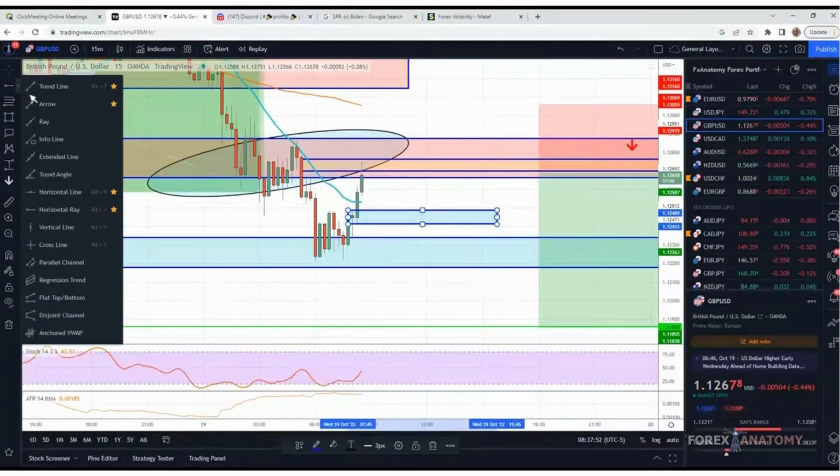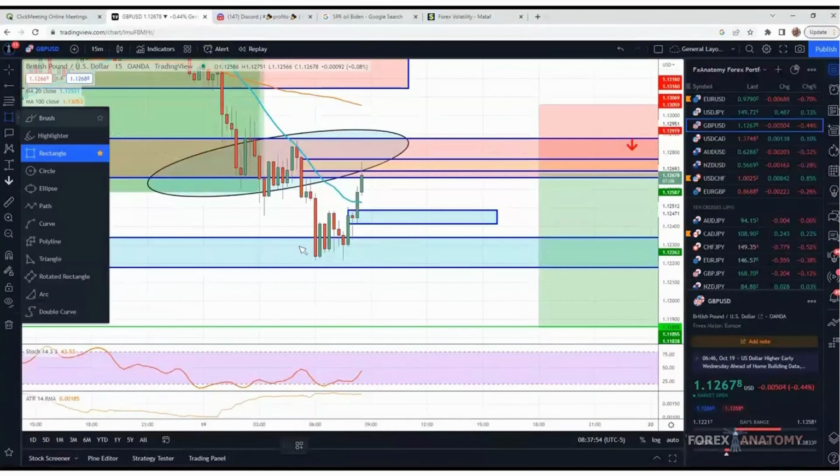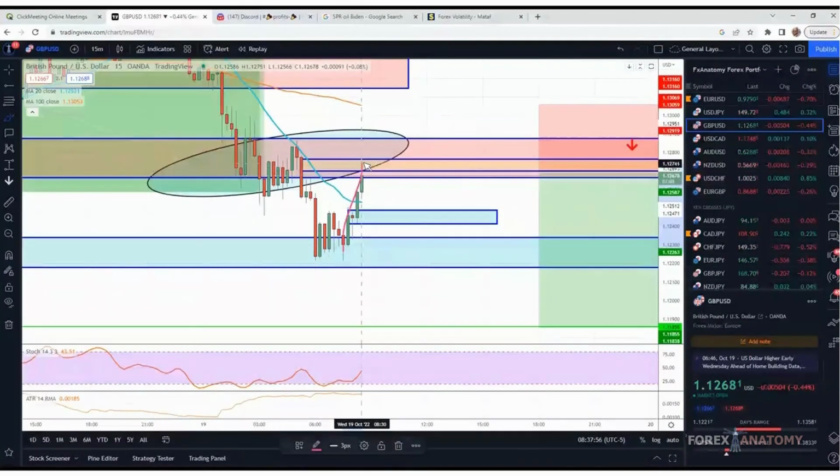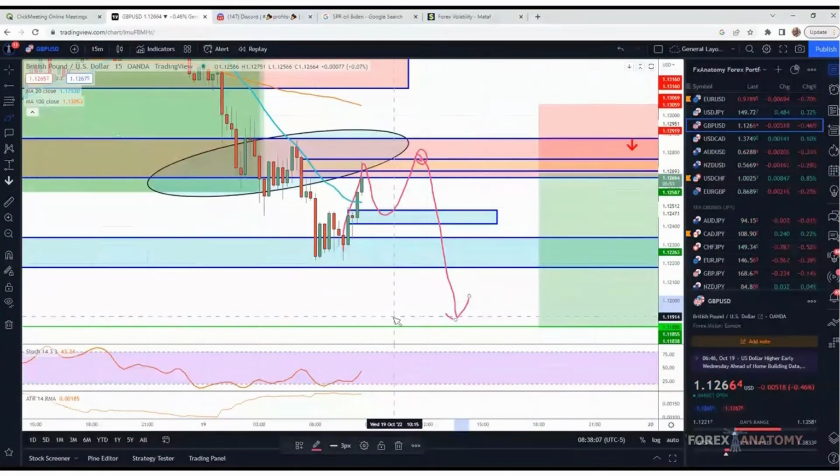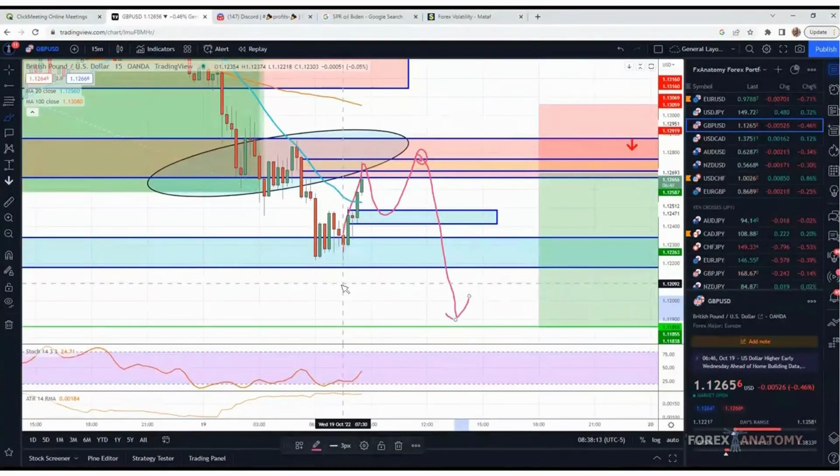So we could see something like that where we have leg A, leg B, and another leg C expansion up here, and then you can see that correction lower. So that can happen as well. I just want to let you guys know. We're in this particular trade, and we'll see what happens.